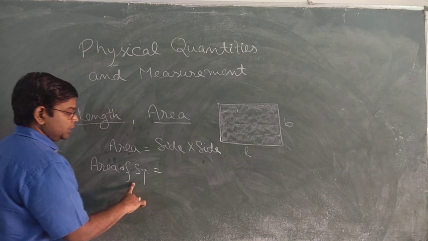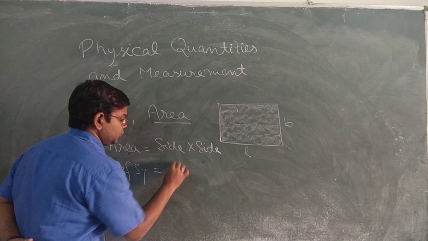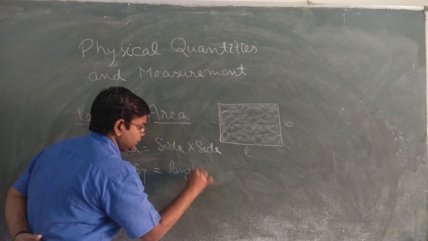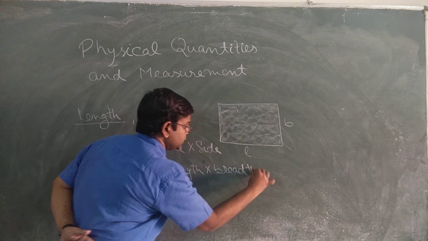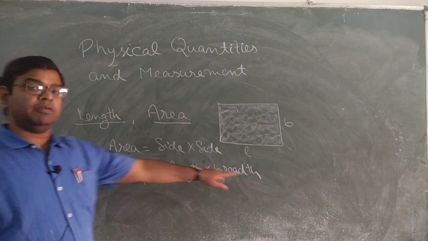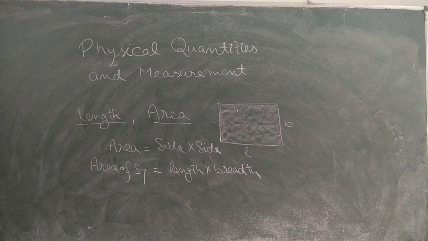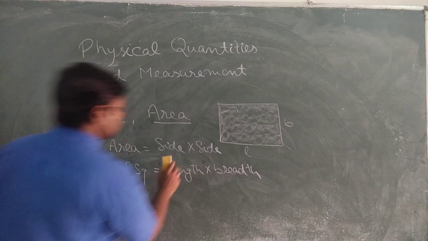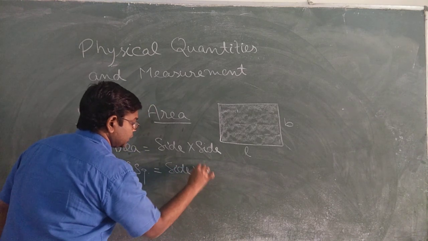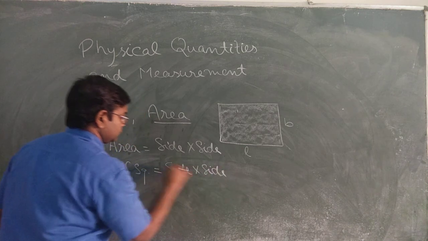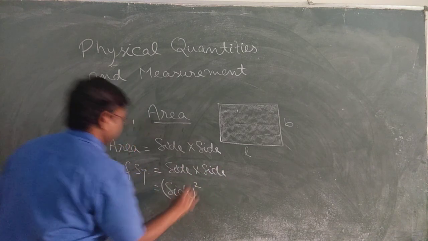Later on we will discuss triangles and other figures. So area of square equals side into side, or we can say length into breadth. But in a square, length is always equal to breadth, so we can say side into side. Here the sides are the same, so we can write side square. Side may be anything.